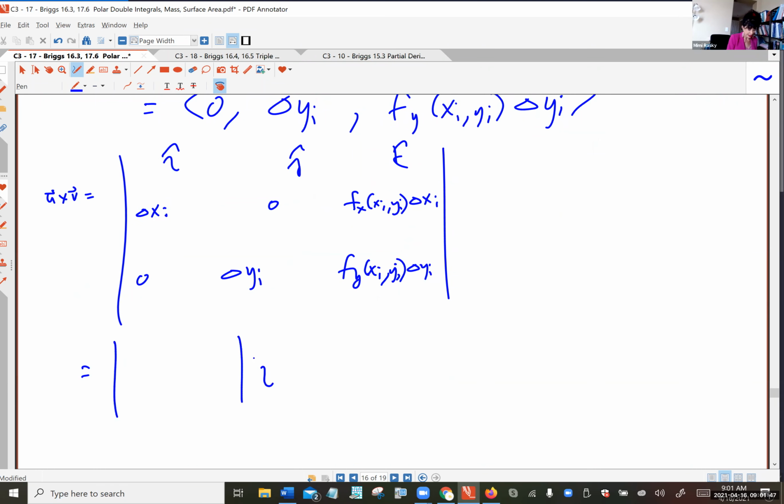I'm going to take a little bit of liberty with the notation just to make it a little bit cleaner.